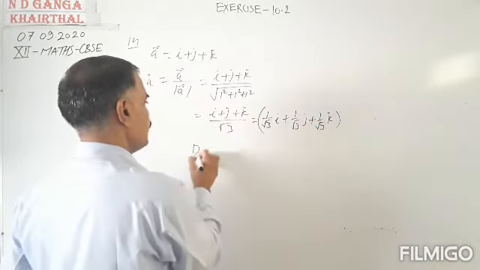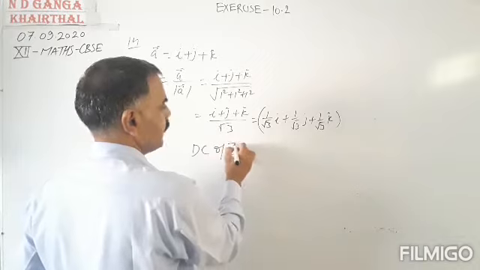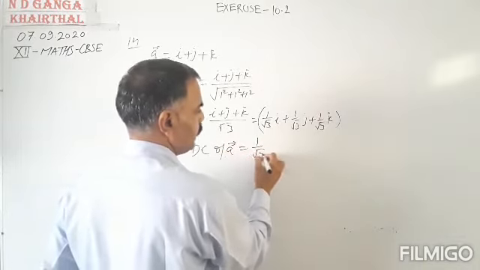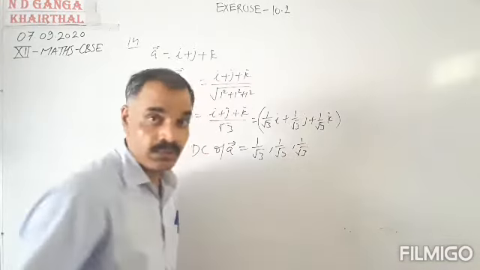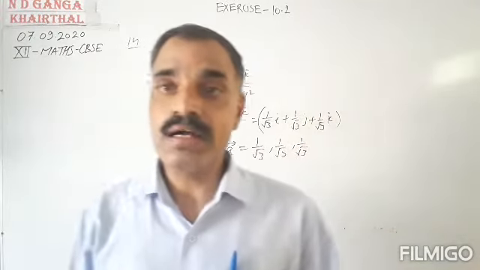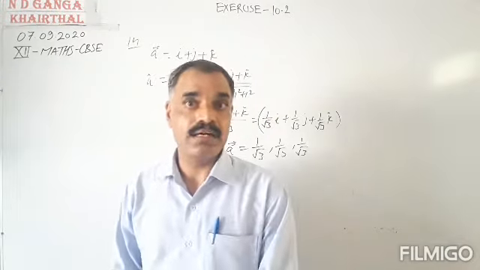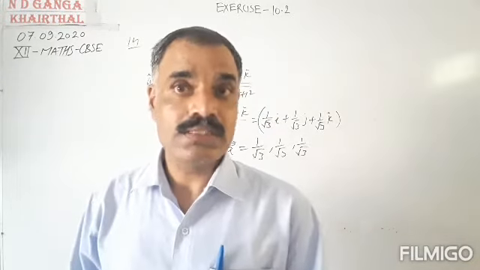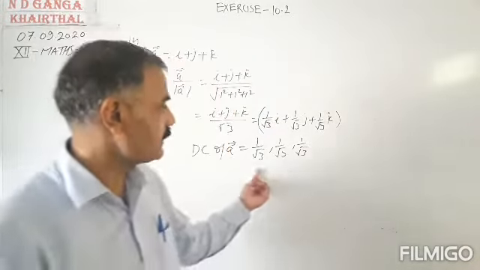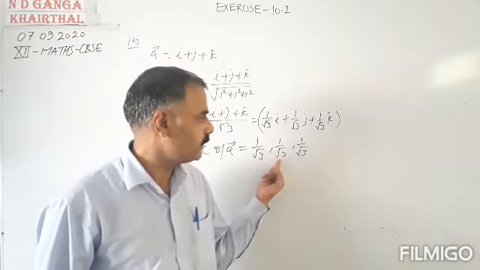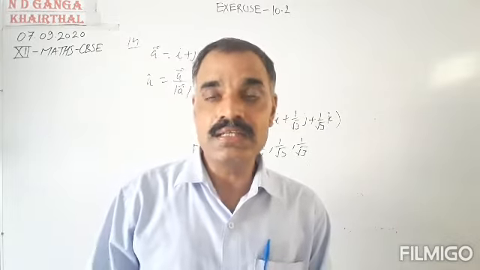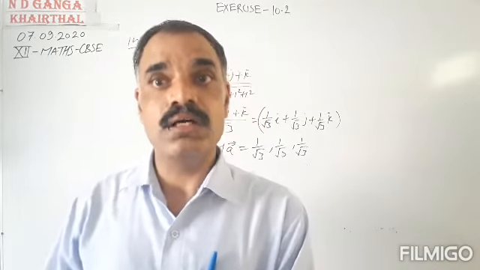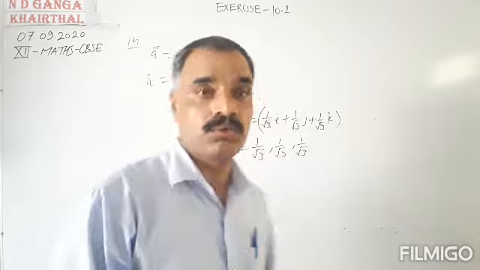So the direction cosines of the vector are 1 upon under root 3, 1 upon under root 3 and 1 upon under root 3. Here we observe that the direction cosines are the same. That is why the vector is equally inclined to the axes OX, OY and OZ.